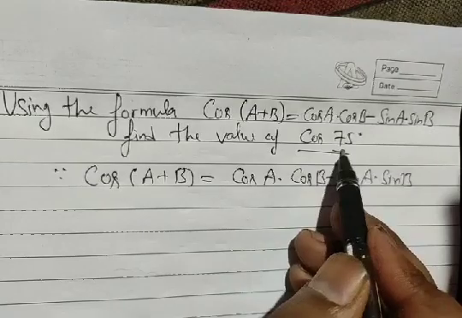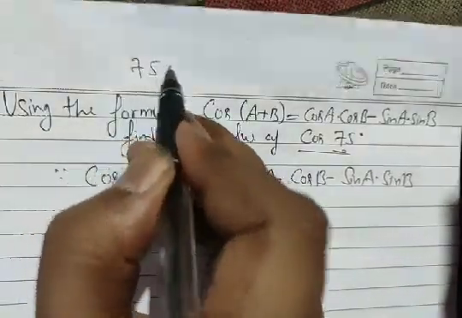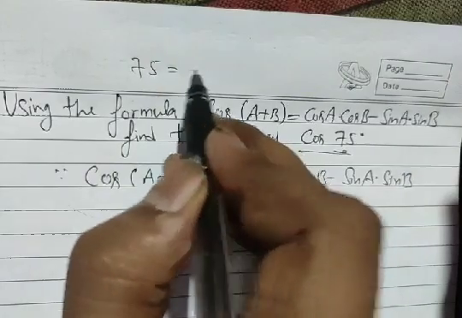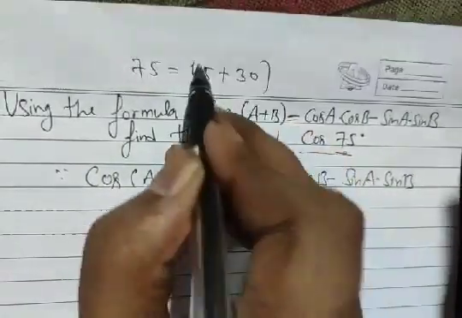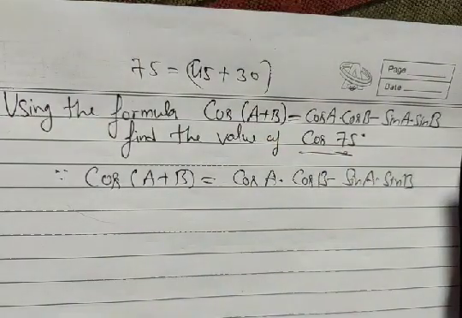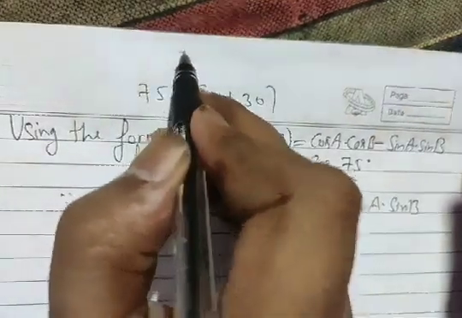Now we have to find cos 75. Look, 75 can be written as 45 plus 30.